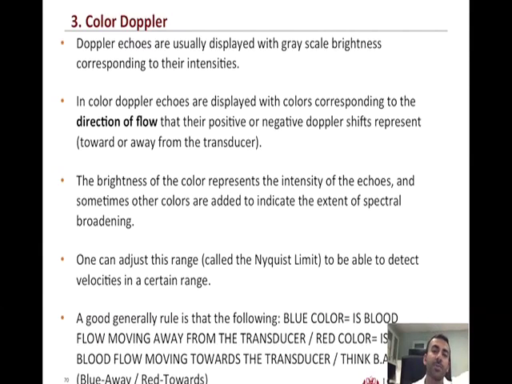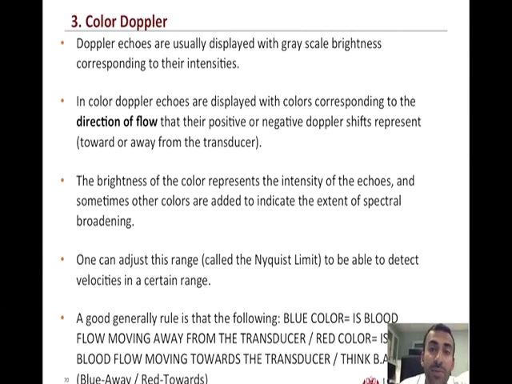So again, color Doppler is essentially just using a multitude of pulse wave Dopplers in the window that you designate and assigning colors to assess direction and intensity of that flow pattern.